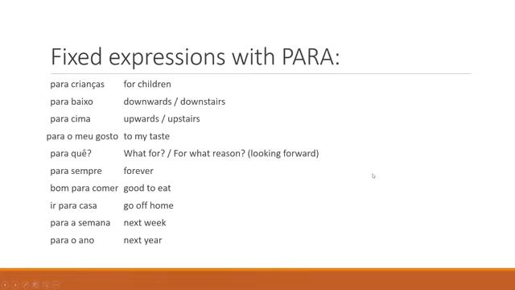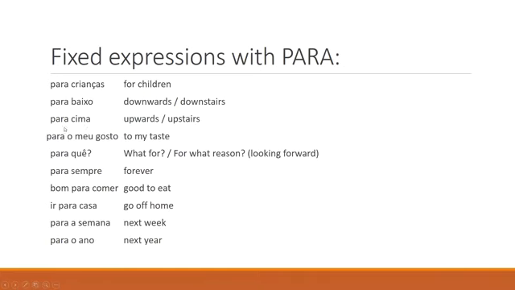And then with para, a few more fixed expressions here. Have you come across any? Para sempre, forever. Let's go through them. We've got things like para crianças, for children. Like books for children. Livros para crianças. That's the final recipient.